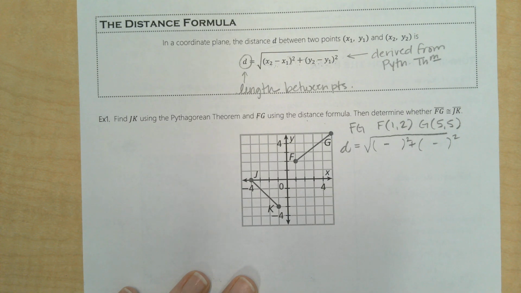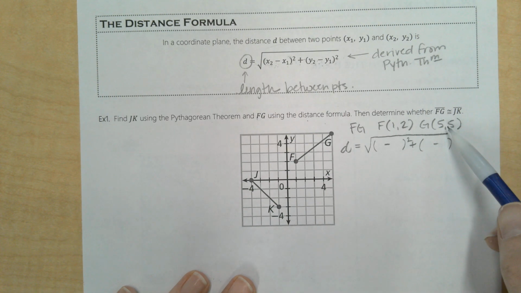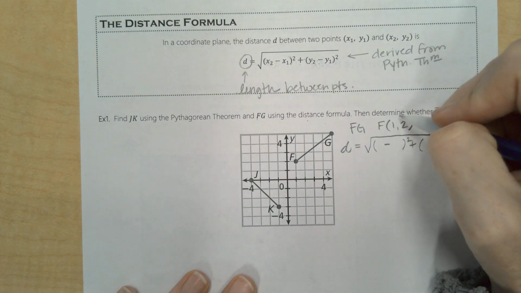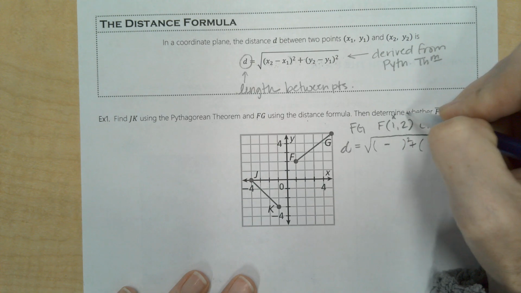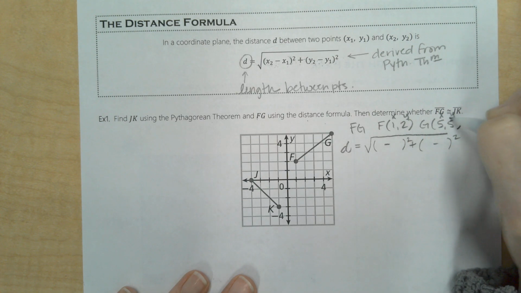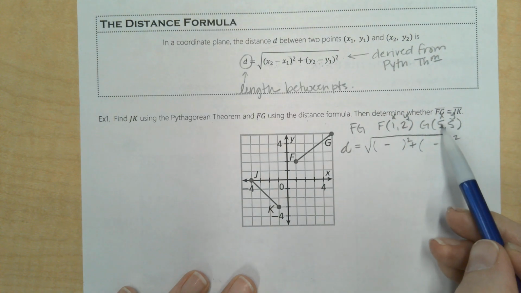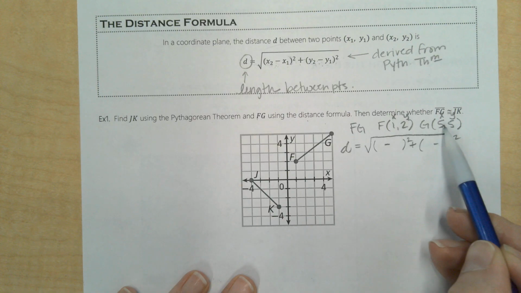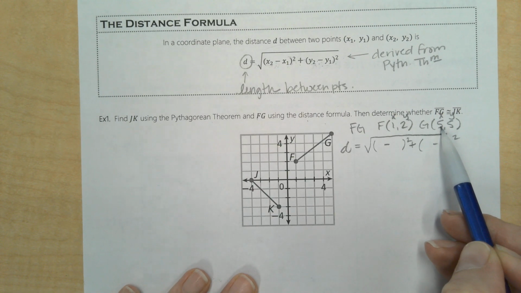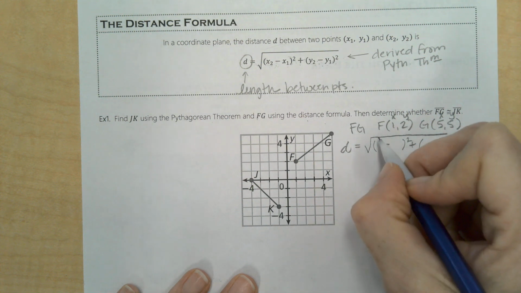Okay, and then we just need to choose what point we want to start with. Remember that in a point, your x value is first and then your y value. So we can either go 5 minus 1 or 1 minus 5. If I were you, I would go 5 minus 1, and then we avoid negatives. So we're going to go 5 minus 1.